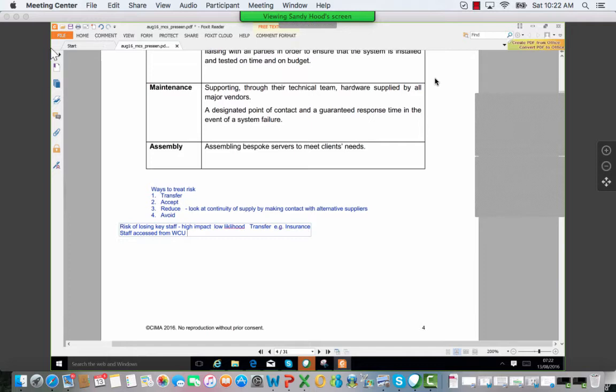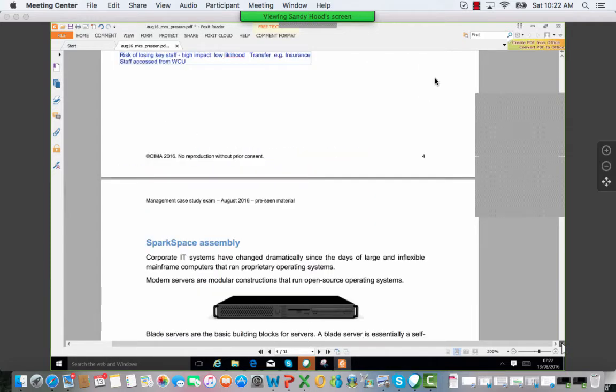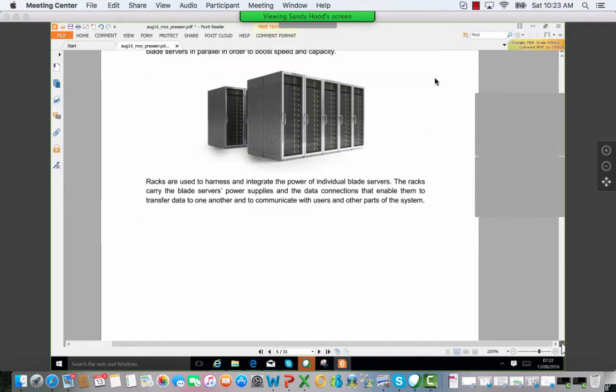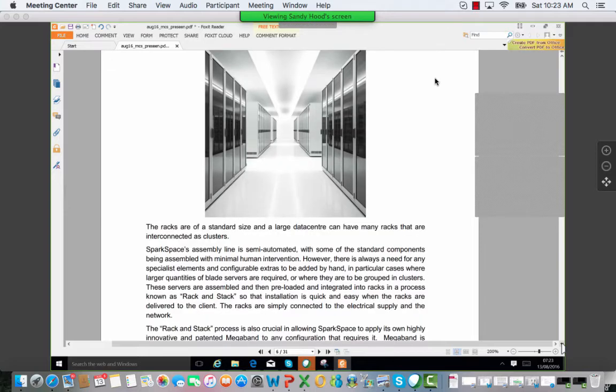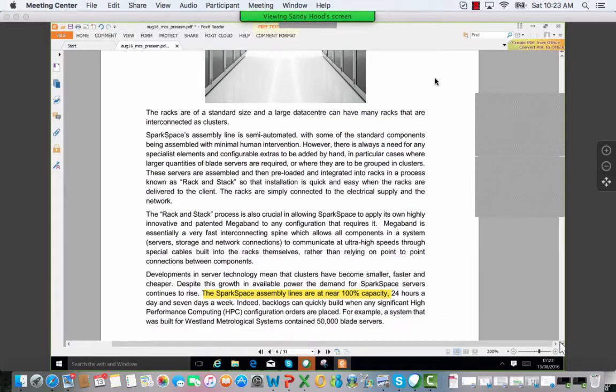So, looking then at the pre-scene again, we've got the lines that are near 100% capacity. I think that this is quite a significant area within the pre-scene, and we've got the additional risk of lost sales because of this backlog arrangement.